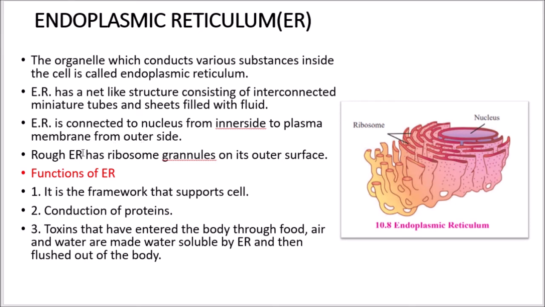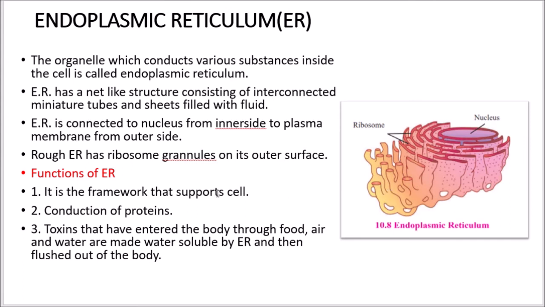So the endoplasmic reticulum is connected to the nucleus from the inner side and to the plasma membrane from outside. Rough endoplasmic reticulum has ribosome granules on its outer surface. Okay, so here granular means a dot structure is there. So this is the rough endoplasmic reticulum, and this outside is the smooth endoplasmic reticulum.